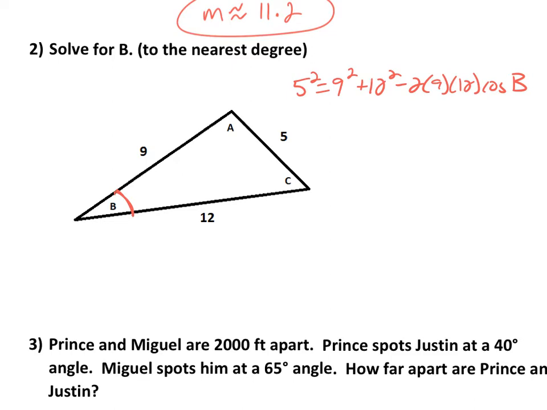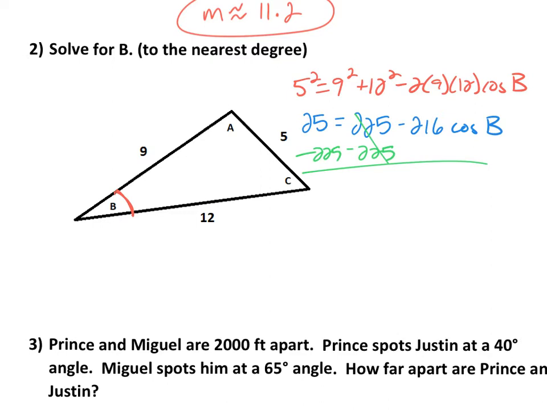Okay, so we can then go through and start working it down and simplifying it a little bit. So we're going to have 25 equals, and then we can do 9 squared plus 12 squared, and that comes out to 225 minus 2 times 9 times 12, which is 216 cosine B. And this is a case where you do not want to subtract 225 minus 216. Okay, we need to subtract the 225 on both sides first.